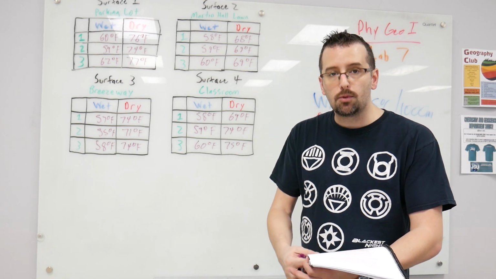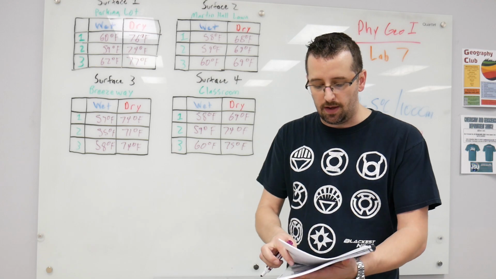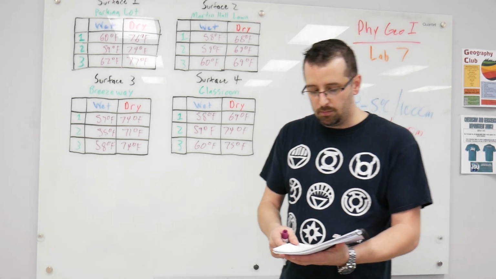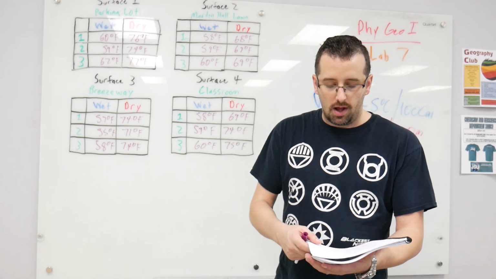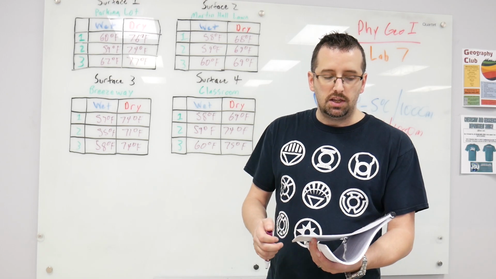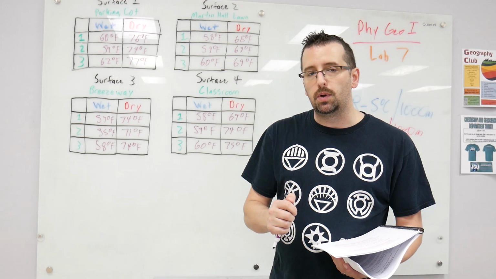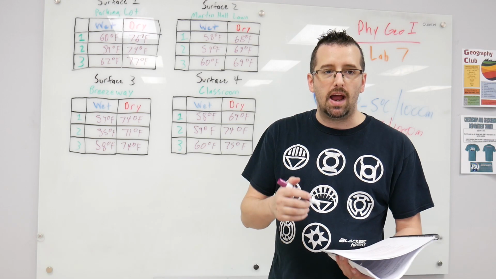Okay. There are some questions on page 67 that you will have to answer. Do keep in mind things about albedo and the differences and how the relations between dew point and humidity interact.